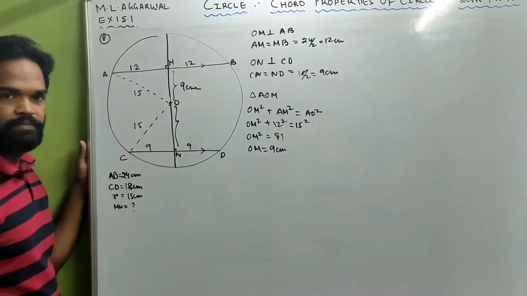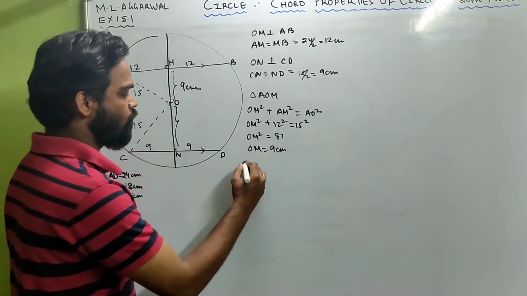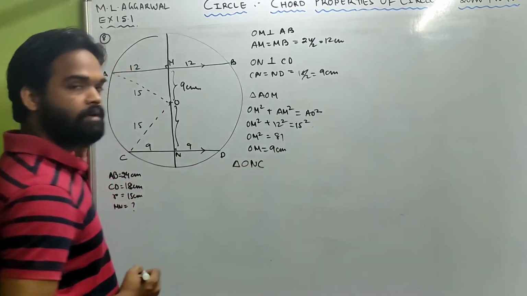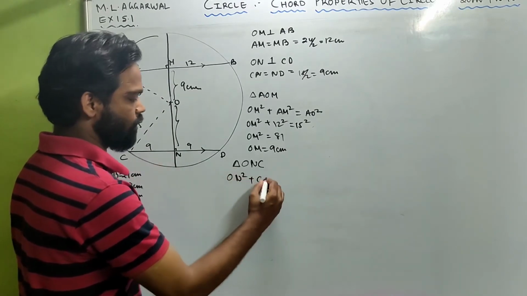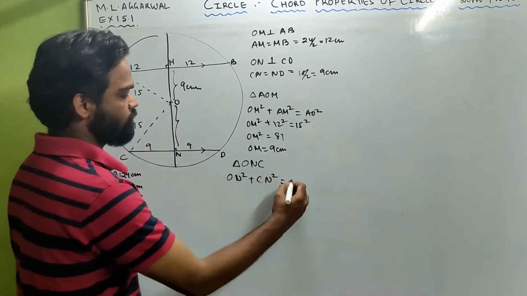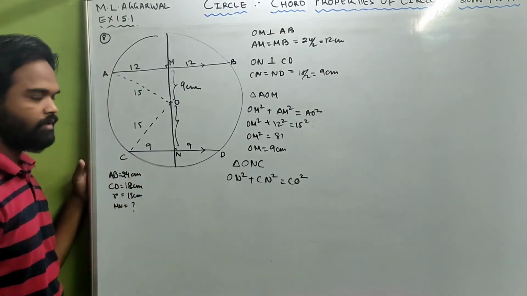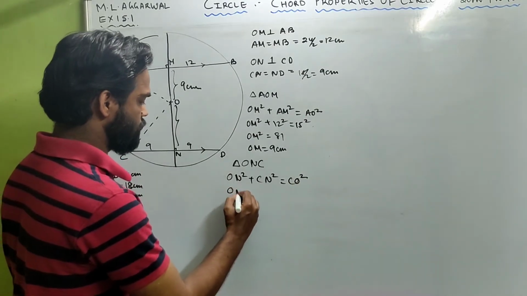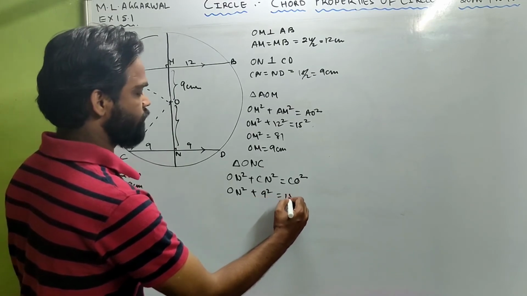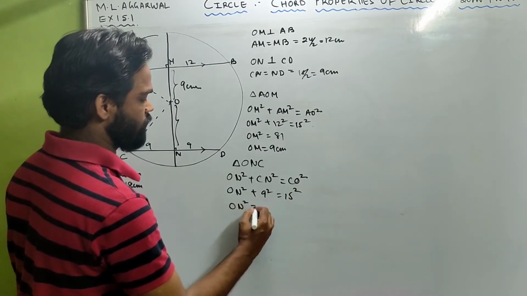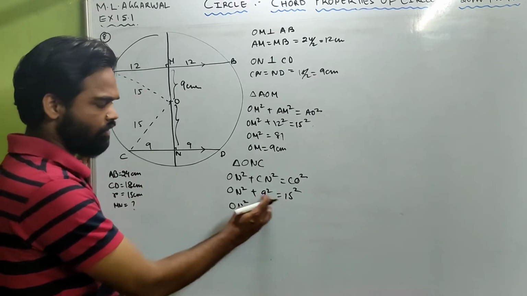Now we need to find this. Look at triangle ONC. In that triangle, ON square plus CN square is equal to CO square. Look carefully. So ON we don't know, CN is 9 square, CO is 15 square. So ON square equals 225 minus 81.